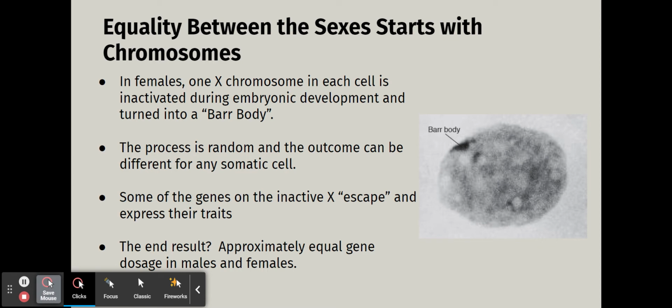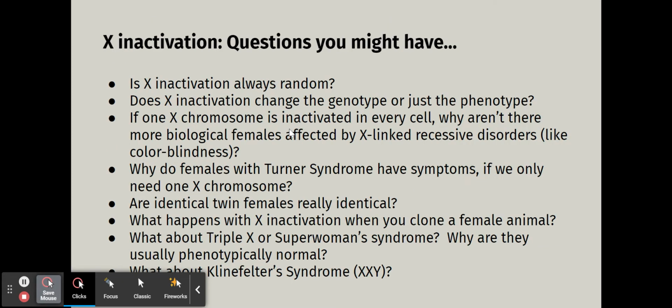And maybe a few lines from the extra scene are preserved and they make it into the filming of the movie. But most of it is edited out. It's sort of trashed. It's something that they don't use. The end result means that we have an approximately equal number of genes expressed in both males and females. And that is what X inactivation is, and it's an important thing.